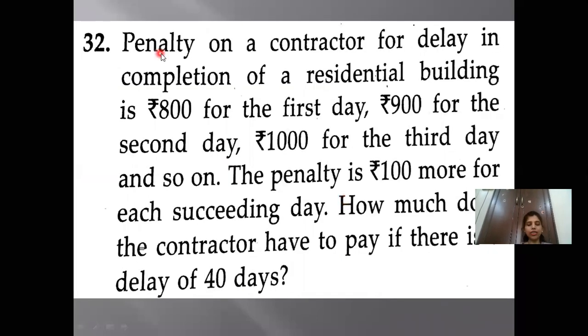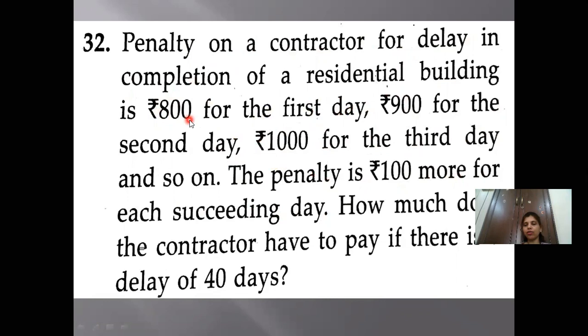In the next question, it is said a penalty on a contractor for delay in completion of a residential building is rupees 800 on the first day, rupees 900 for the second day, and 1000 for the third day. So you can see here there is a difference of 100 rupees every day. The penalty is 100 more for each succeeding day. That means d is 100. And as it is said, the penalty on the first day is rupees 800.